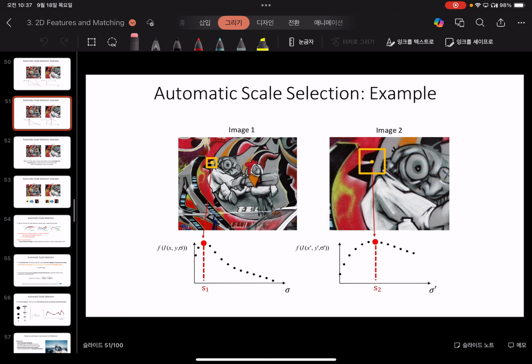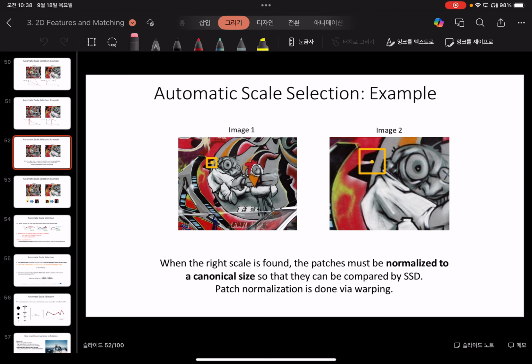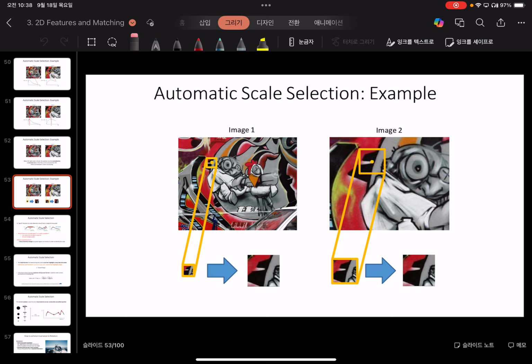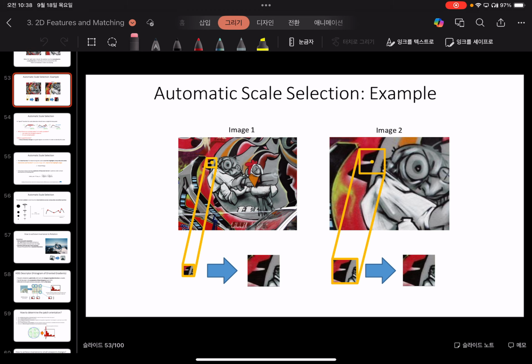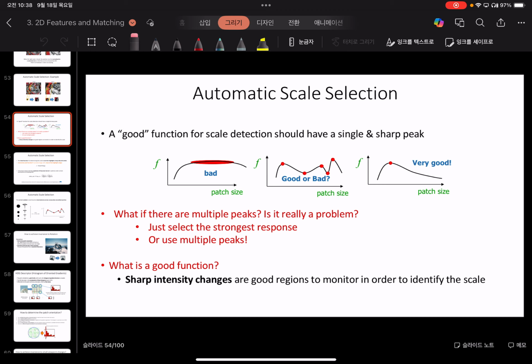So we say this scale is the optimal scale for this local patch, and then we hope this scale could produce the same local patch across different images from different viewpoints and different scales, so that we can easily compare the selected local patches based on the selected scales, and find some meaningful correspondence between images from different viewpoints and scales.